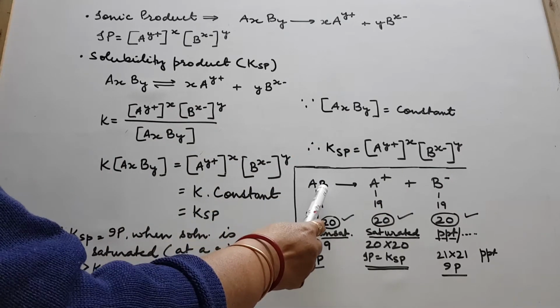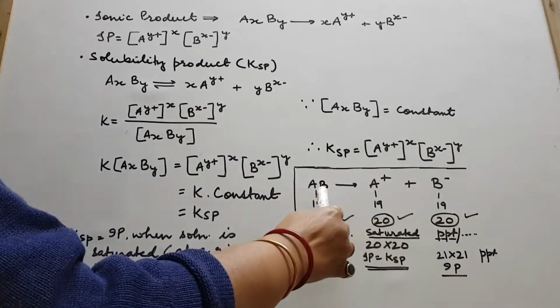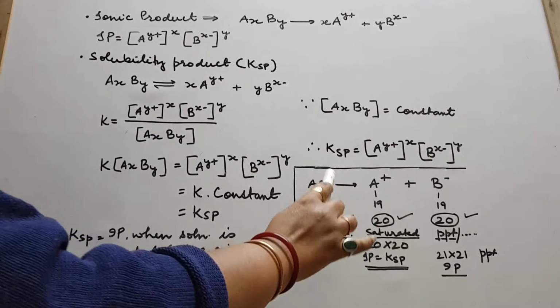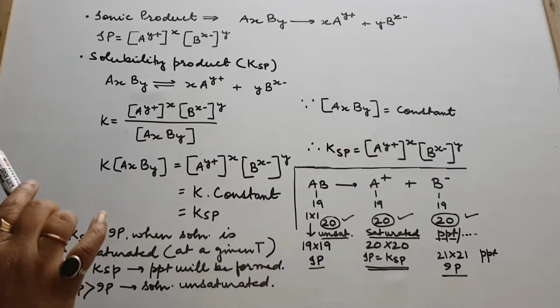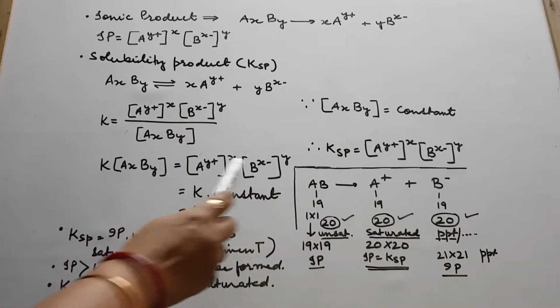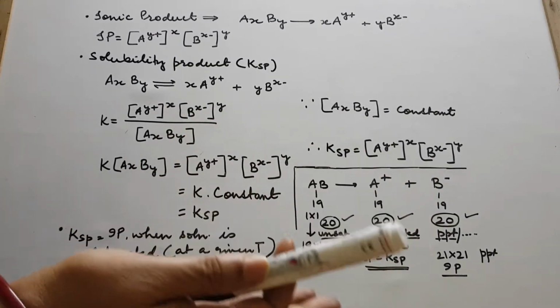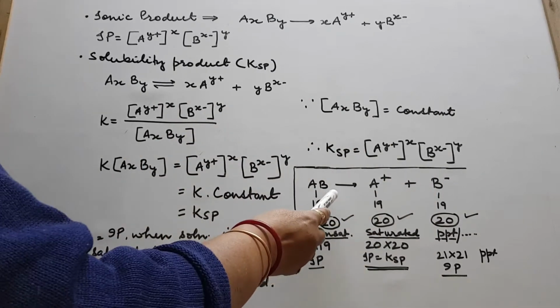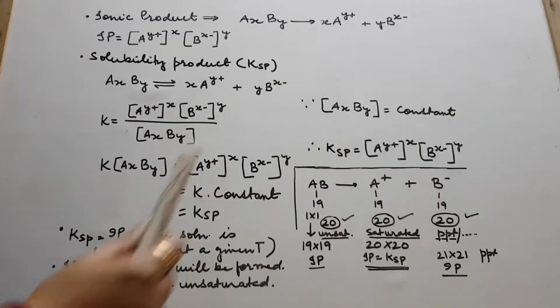Children, you have a salt AB going into A+ and B-. I have just removed x and y, totally removed, to explain in simple words. AB breaks up into A+ and B-, correct? If you take 1 mole, it will give you 1 mole of the cation and 1 mole of the anion. If you take 2 moles, it will give you 2 moles of each.